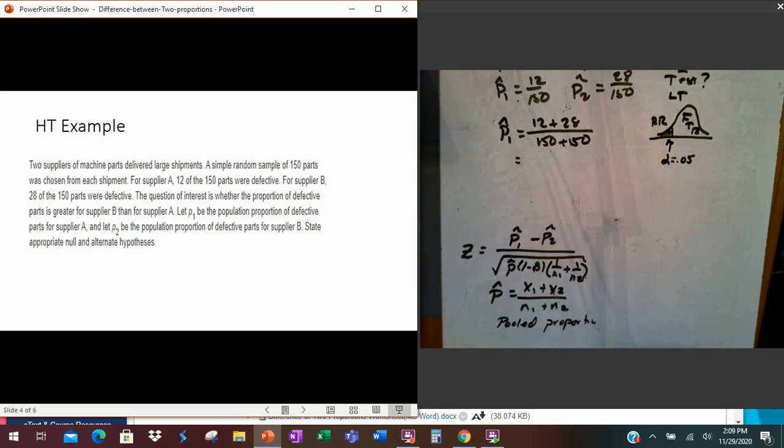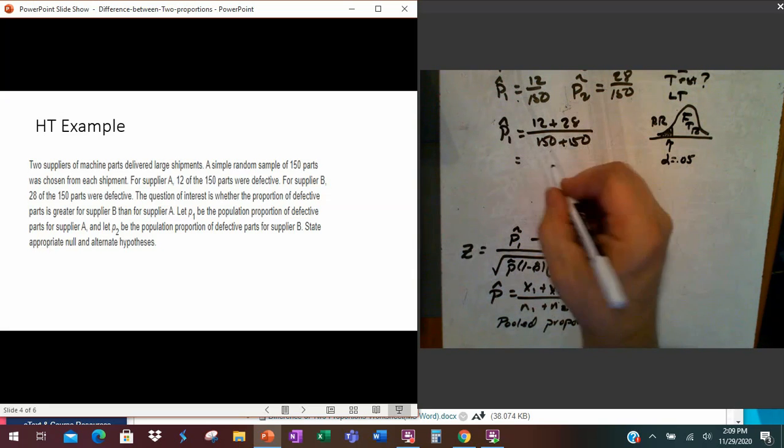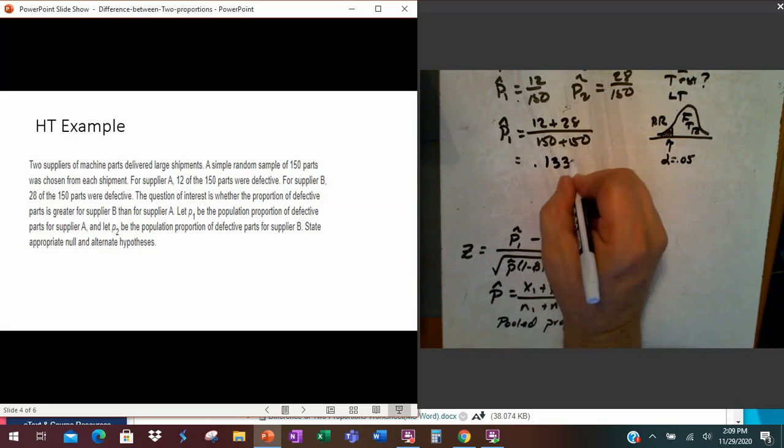That is going to be 12 plus 28 divided by 300, and this is 0.1333.